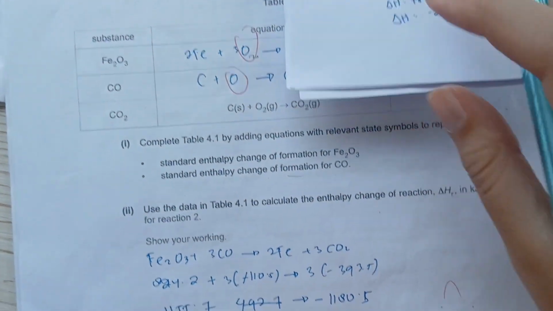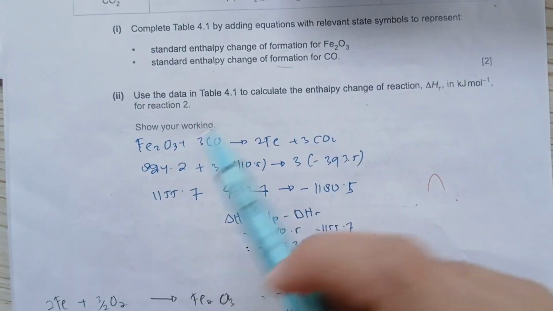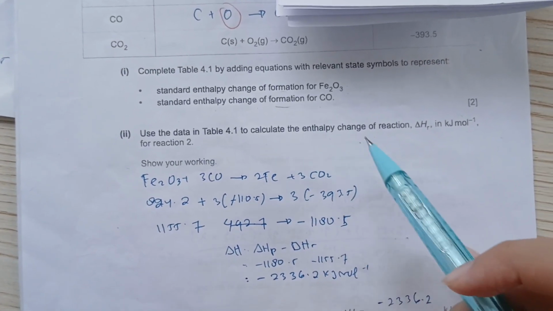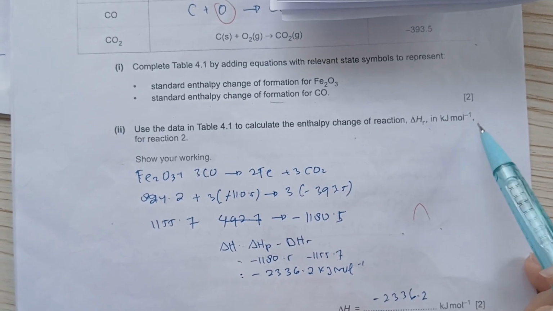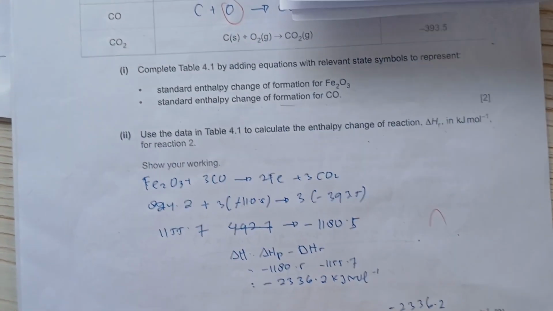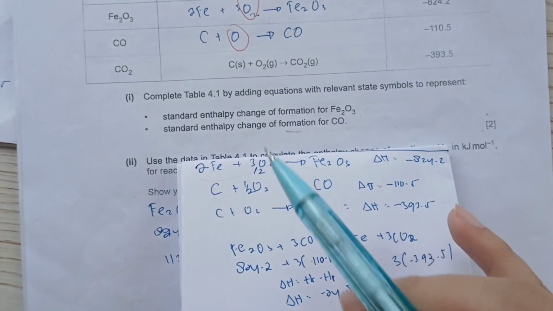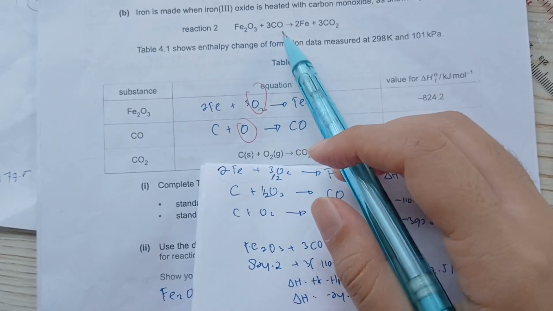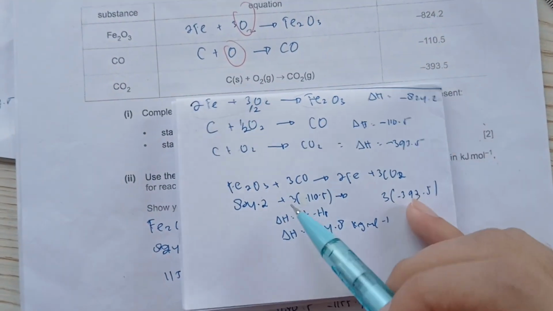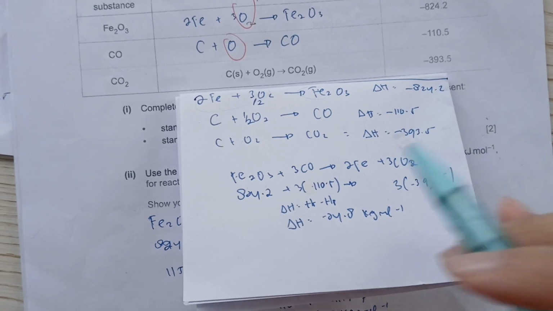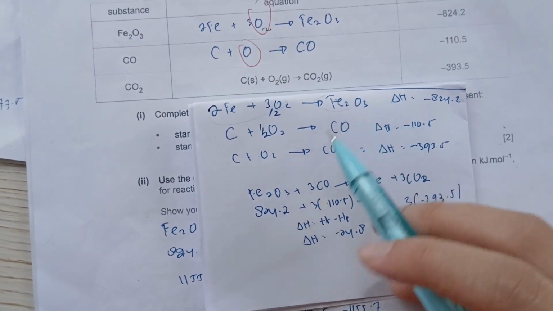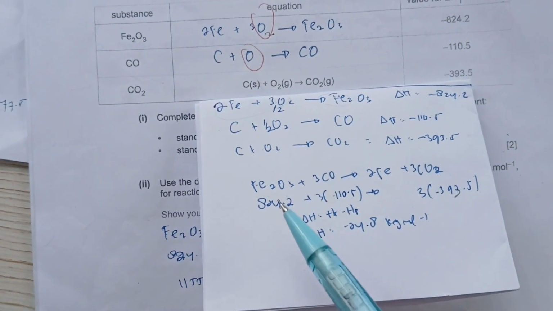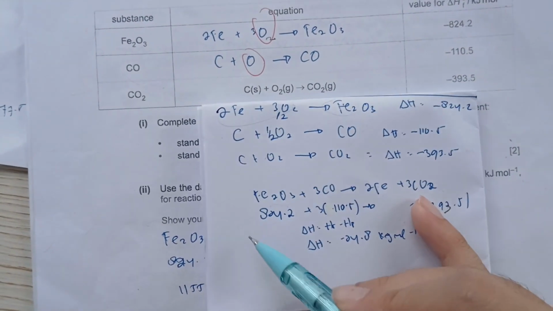For the second one, use the data in table 4.1 to calculate the enthalpy change of reaction, delta H R in kJ mol^-1, for reaction 2. The main reaction is in here. For Fe2O3 in here, it's on the opposite side, so we have to move it to the other side and it becomes a plus.